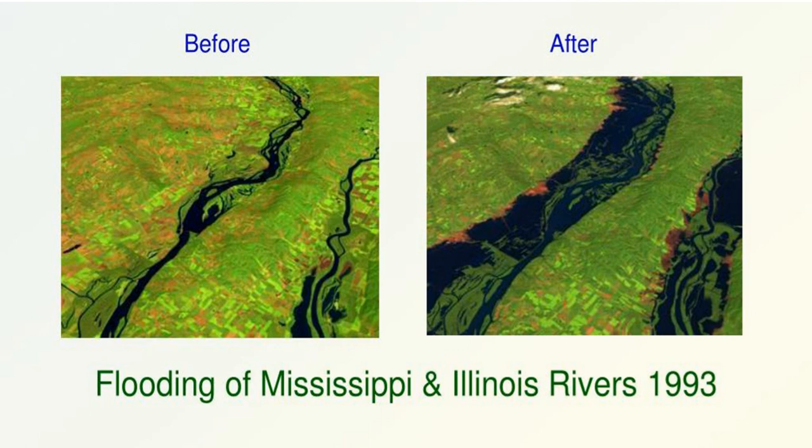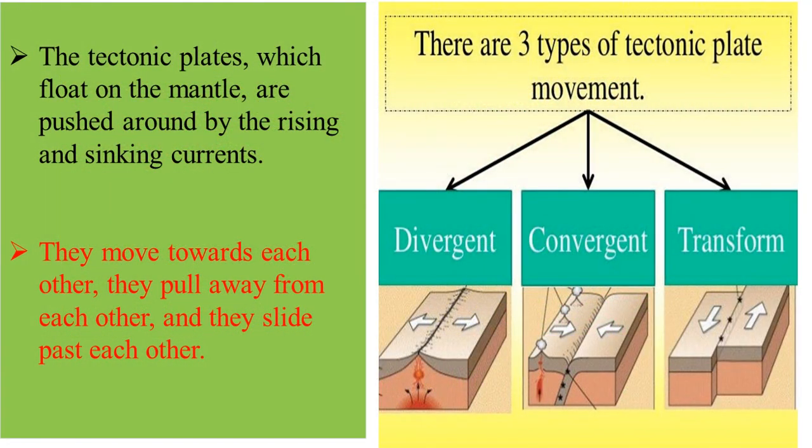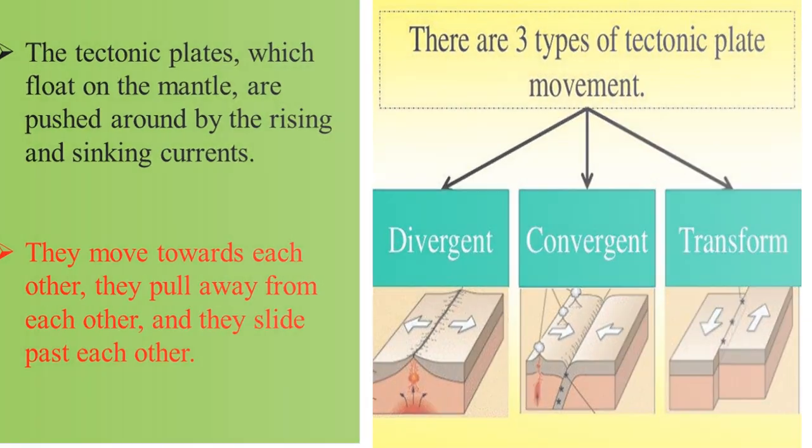Yes, these river courses were different from each other. These differences occur due to the tectonic plate movements. And the tectonic plates which float on the mantle are pushed around by the rising and sinking currents. There are 3 types of tectonic plate movement: divergent, convergent and transform.